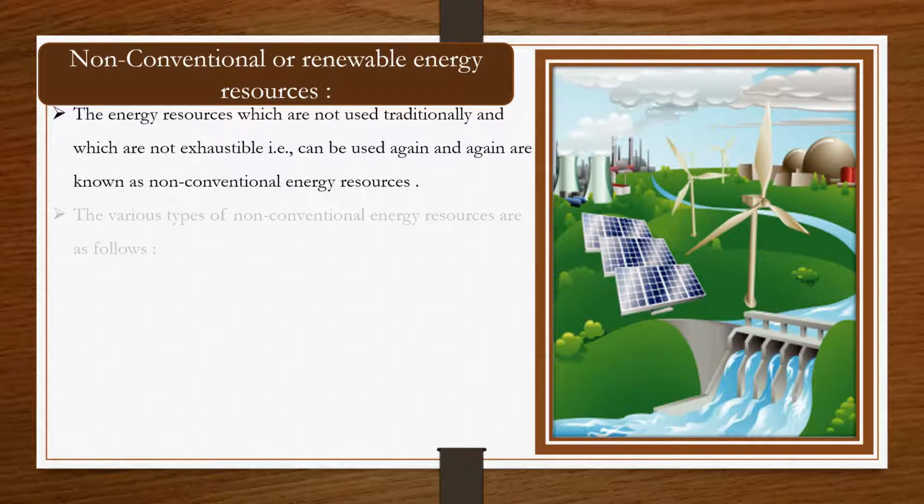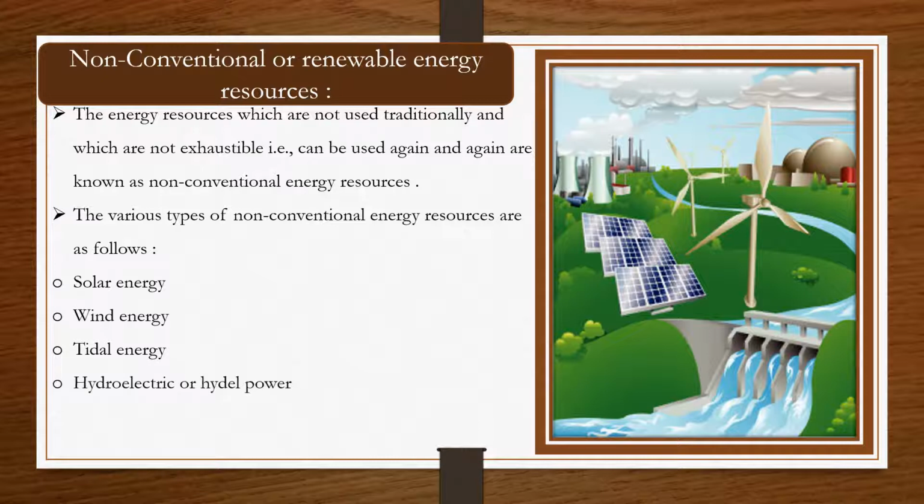Now the various types of non-conventional energy resources are as follows: solar energy, wind energy, tidal energy, hydroelectric or tidal power, oceanic wave energy and atomic energy. Now students, we will understand the various types of non-conventional energy resources in detail.